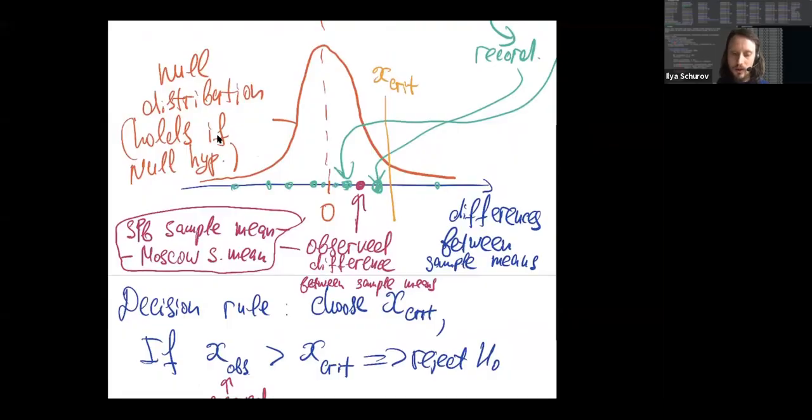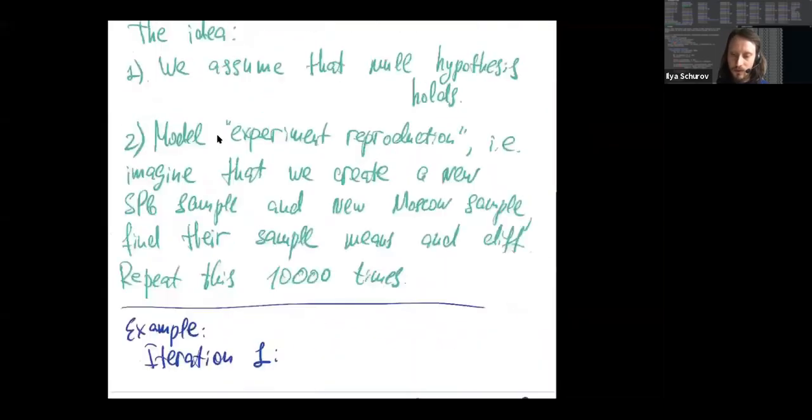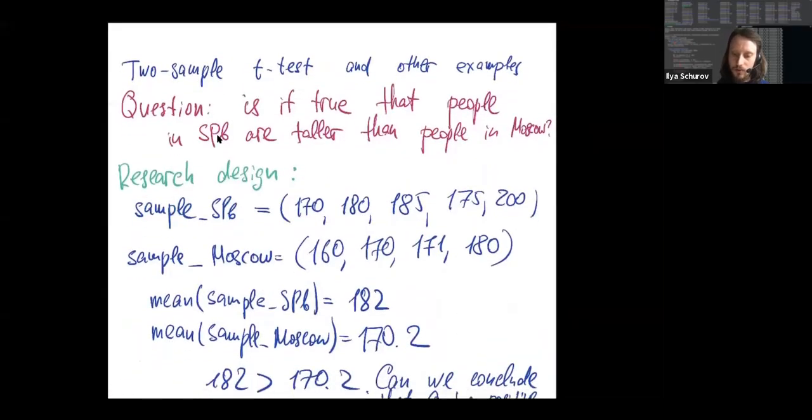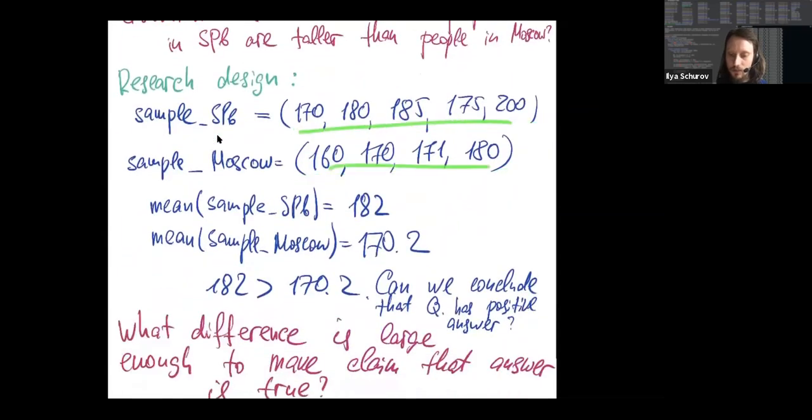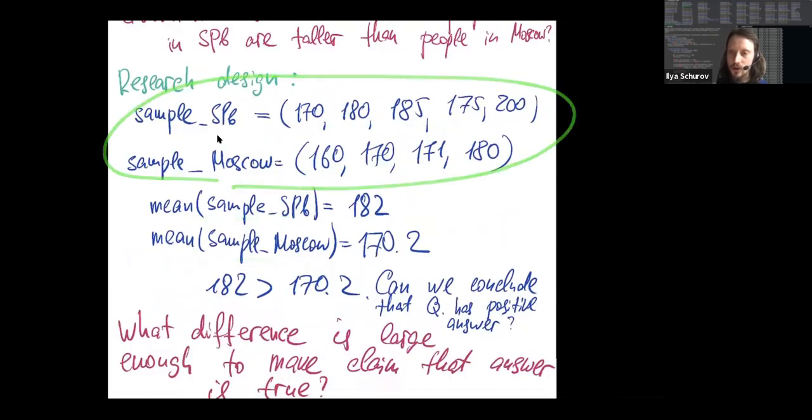What we actually have is two samples, but we are interested not actually in these samples. We are interested in the difference between their sample means. And using these samples, we can find just one numeric value, one difference.